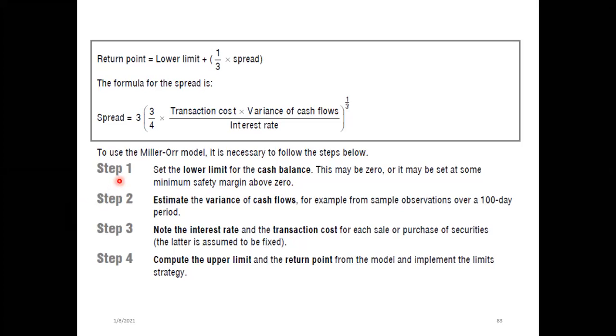Once they set the lower limit, they go to the second step: estimate the variance of cash flows, for example, from a sample observation over a 100-day period. So you know how to calculate the standard deviation and variance. I hope you have already studied portfolio management, how to calculate standard deviation and the mean risk of a security.